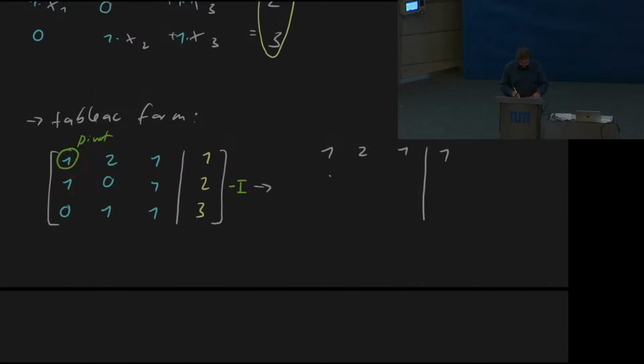That's why we did that in the first place. Then we have 0 minus 2. That's minus 2. And then we have 1 minus 1, again 0. And finally, don't forget the right-hand side. 2 minus 1, that's 1.